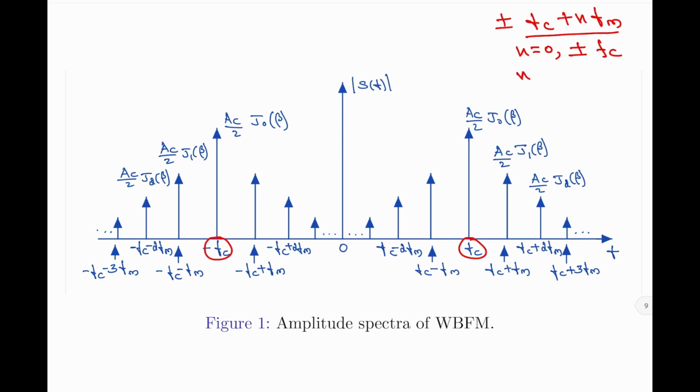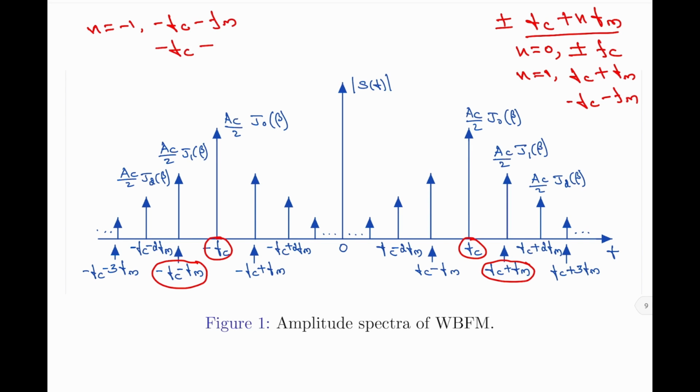For n equals 1, I will obtain impulses at f_c plus f_m and minus f_c minus f_m. These impulses are shown here. Similarly, for n equals minus 1, you will have minus f_c minus f_m and minus f_c plus f_m. These impulses are shown here.